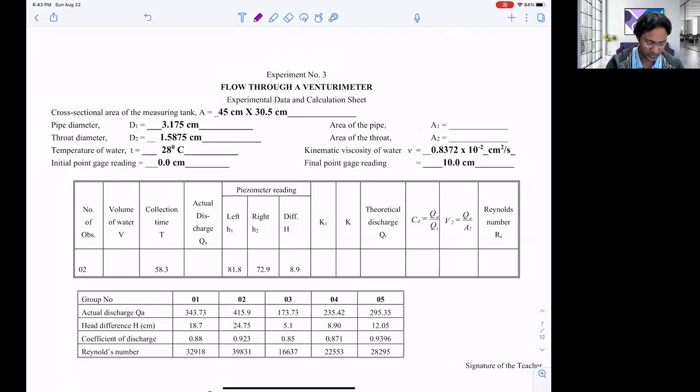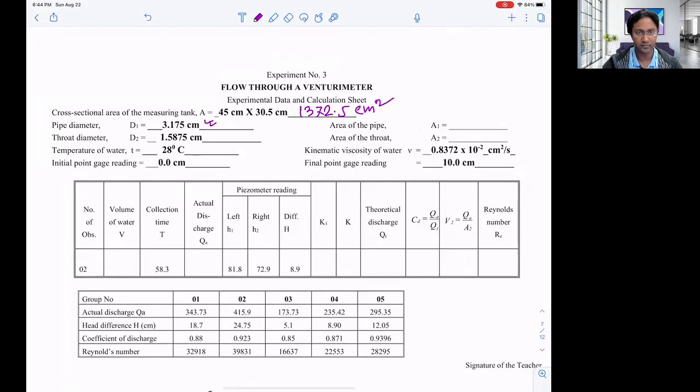So we can even calculate this area: 45 into 30.5 gives me 1372.5 centimeter square. We have the diameter D1, which is already given since we have a device, and D2 at the throat section, the constricted section. We're measuring the temperature of water because we'll calculate the Reynolds number.